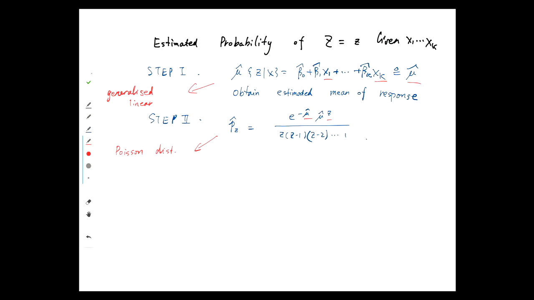So this is the estimated probability of z equals the lowercase z, given values of x.